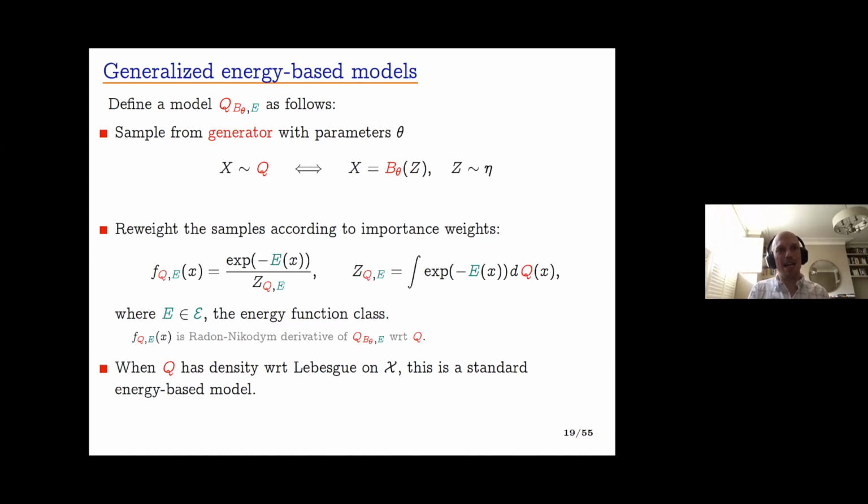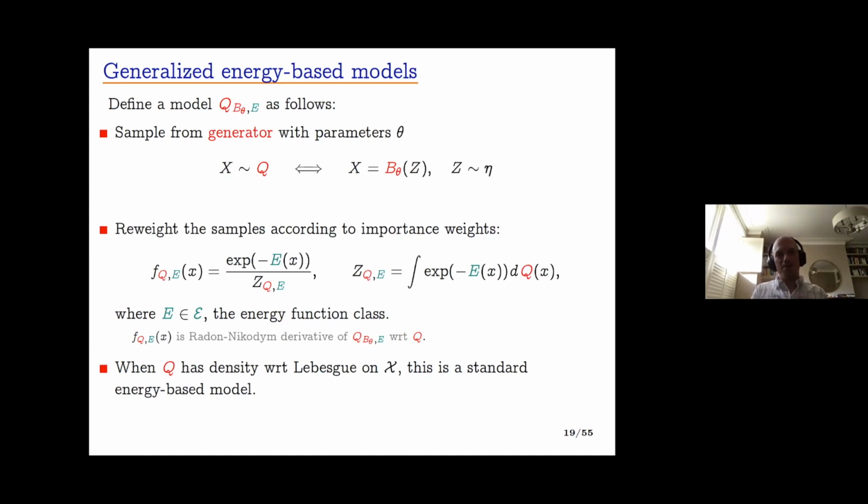And I'm going to call calligraphic E here the energy function class. And capital E is going to be a particular instance of a function in this energy class. So F_QE is the Radon-Nikodym derivative of my model, Q_E, with respect to Q, my generator.